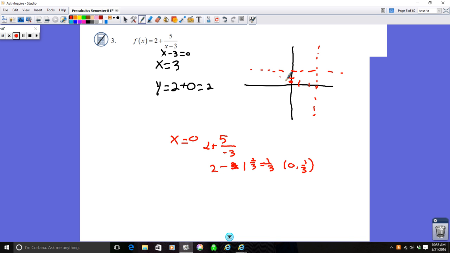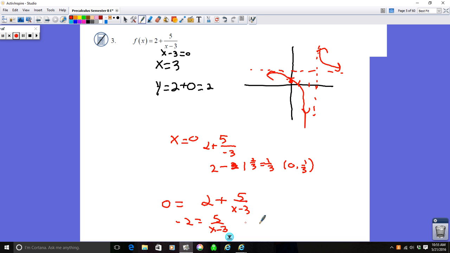So we know it's going to look something like this. We need to find out what that x-intercept is here because they asked for it. So to find the x-intercept, plug a 0 in for y and solve for what that value is. I mean, I drew approximately where it was, but we can do better than that. So we're going to subtract our 2, and we have negative 2 equaling 5 over x minus 3.